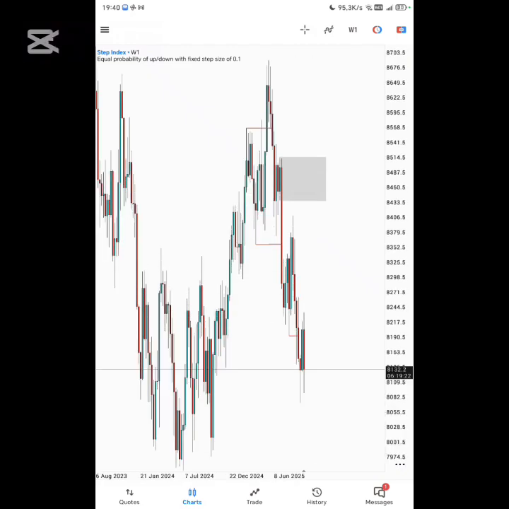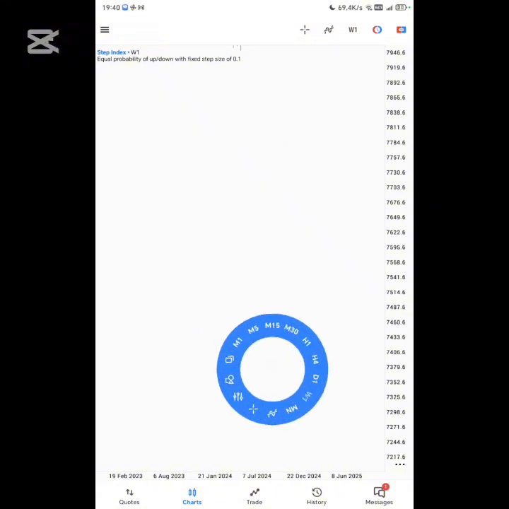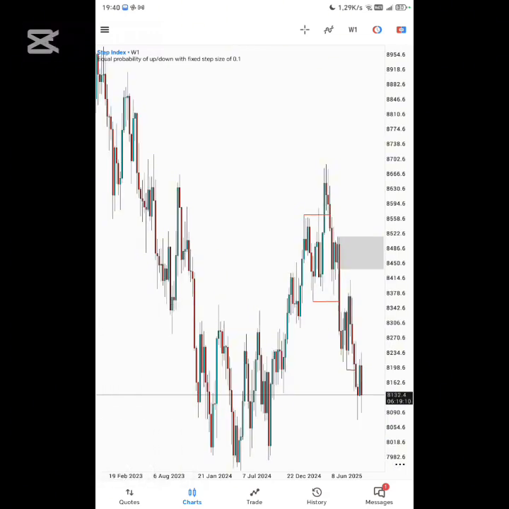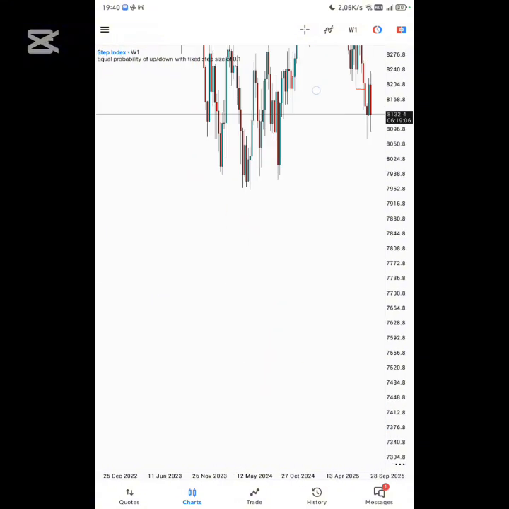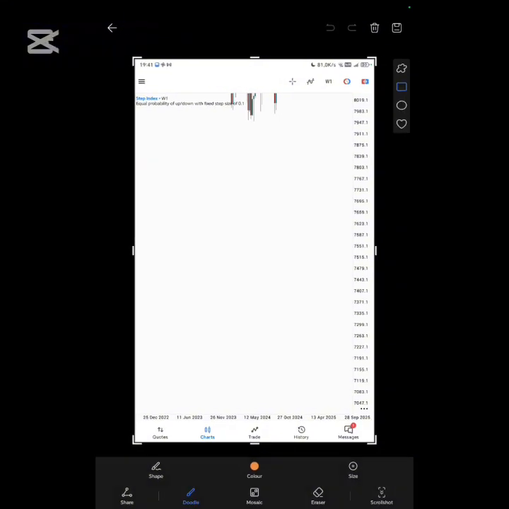I made a mistake by removing it. I had to slide it that side. Okay, this is a flip zone. Let me change the color to black.